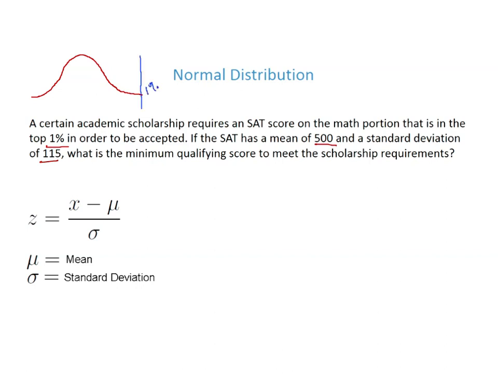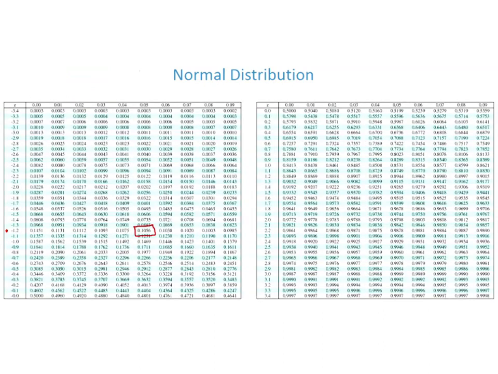This is the top 1%. So everything up to that point is 99%. So we're going to look on our z-score table for a score of 99%, or 0.99, as close as we can get to 0.99. So let's take a look.